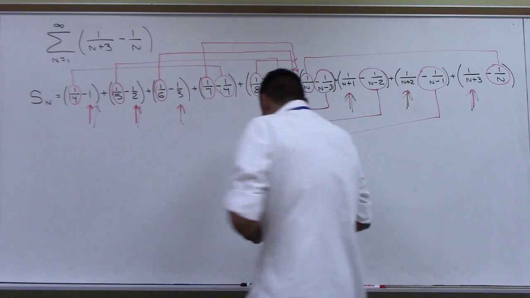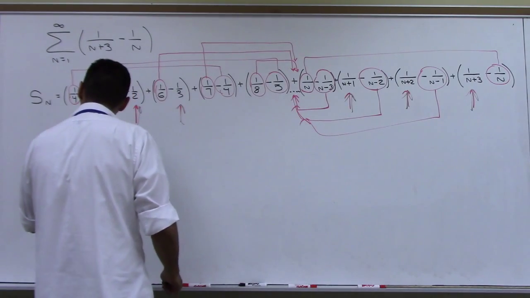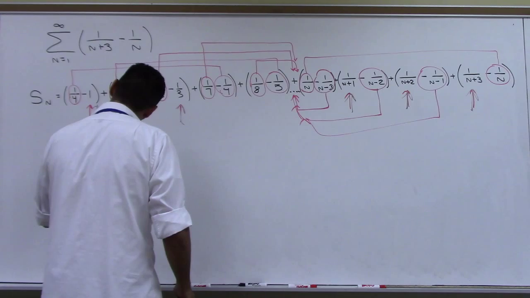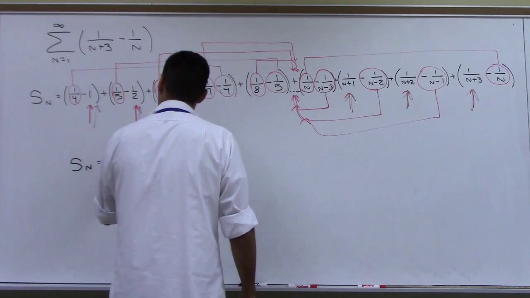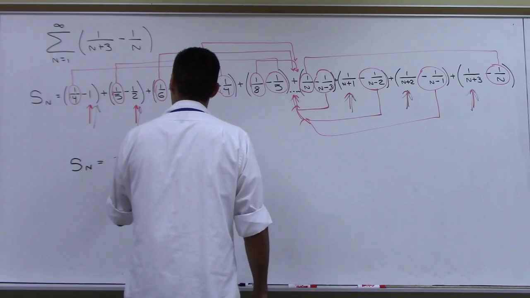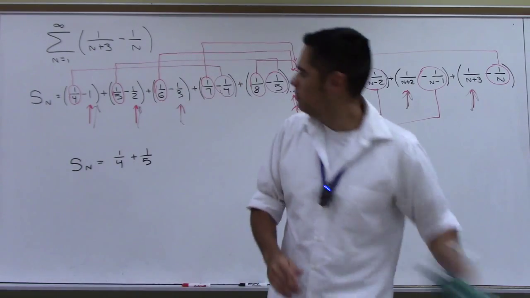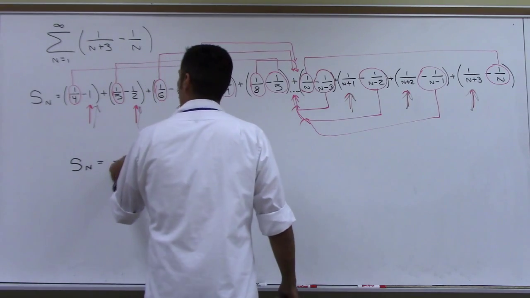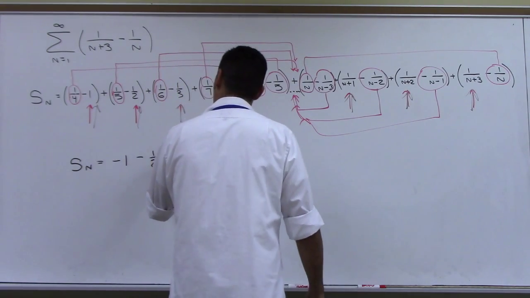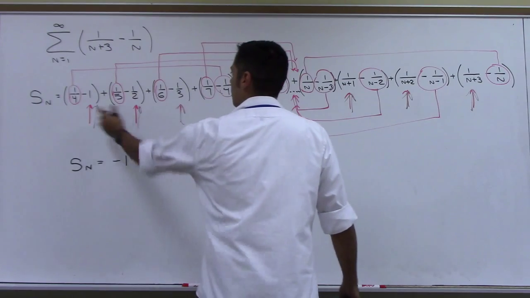So S sub n is equal to whatever was left. 1/4 plus a 5th. No, those were gone, sorry. -1 minus a half minus a third, those 3.